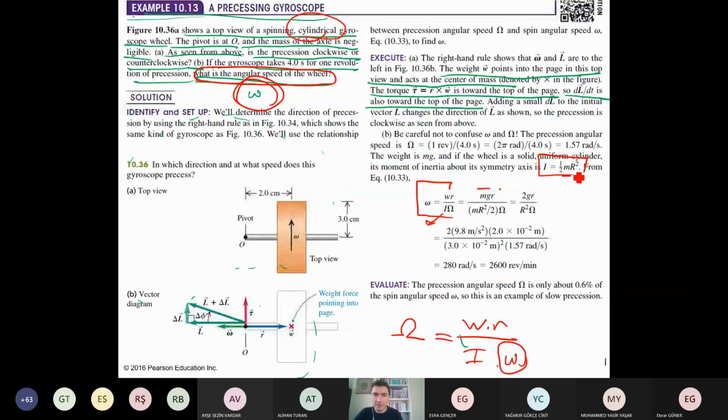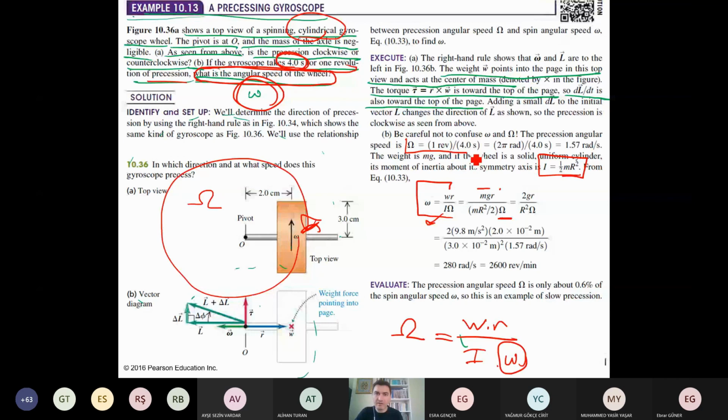What is omega? Omega is given: the gyroscope takes 4 seconds for 1 revolution of precession. So it is moving like this. This is the capital omega. So it is moving like this, and 1 revolution takes 4 seconds. Just use it here: 1 revolution per 4 seconds.